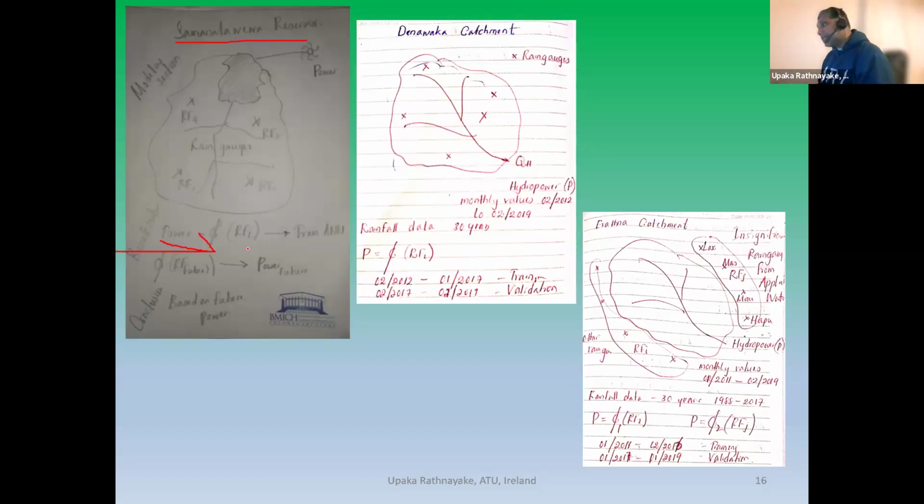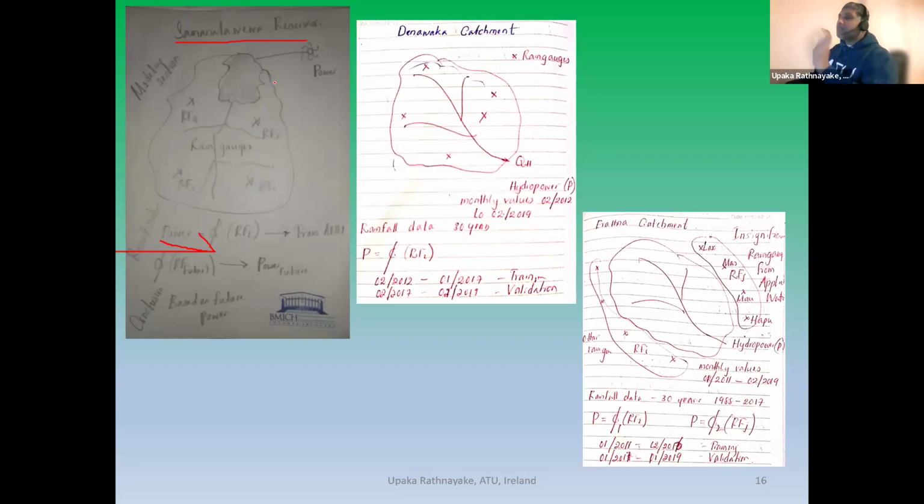So I basically used a machine learning aspect in achieving this outcome or goal. So I sketched the catchment. I noticed that there are several rain gauges along the lines, and I could find the power generation.